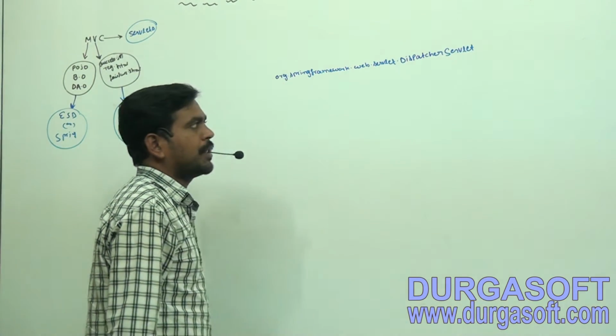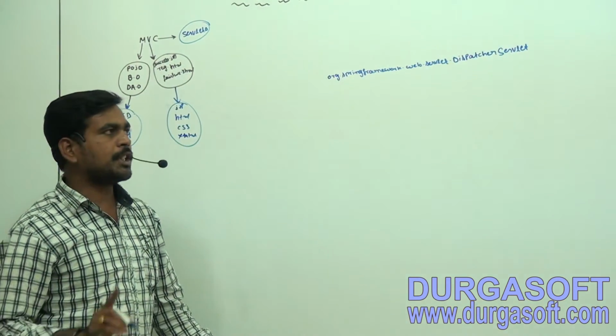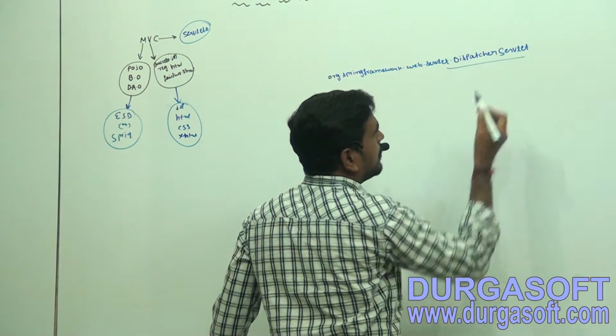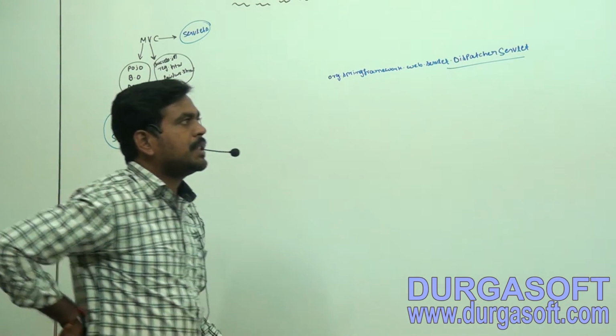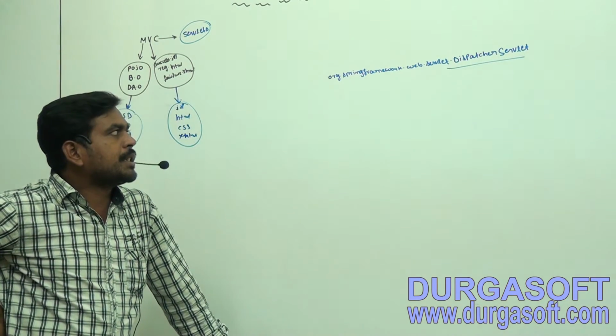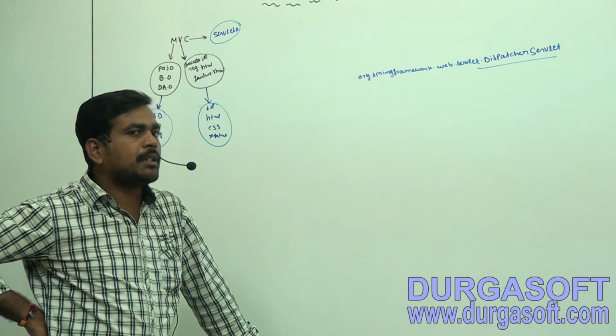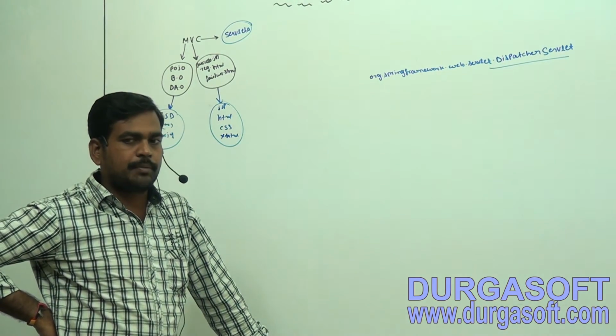This is the front controller. Throughout the Spring framework, only one controller is there, that is the dispatcher servlet. Using that dispatcher servlet, we can maintain the total flow of an application.